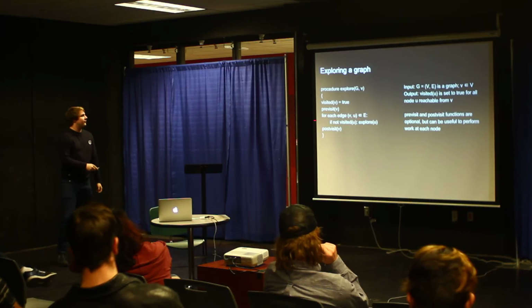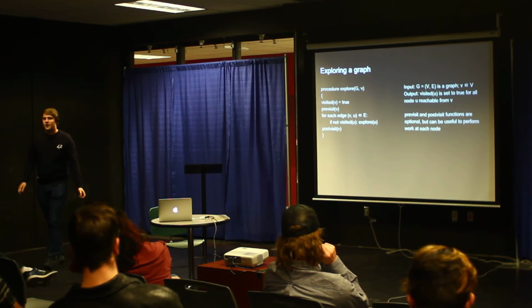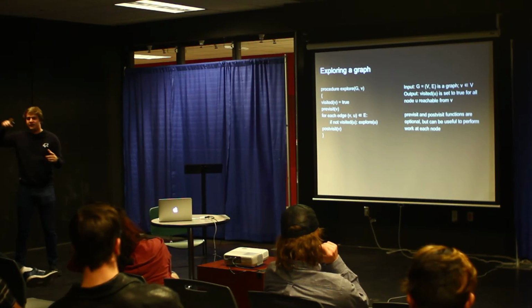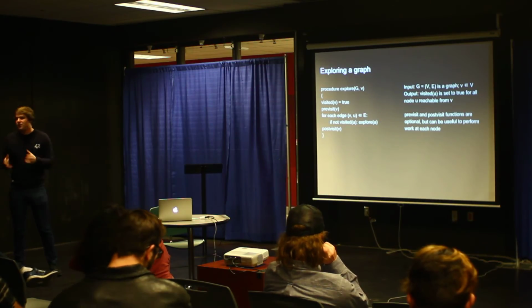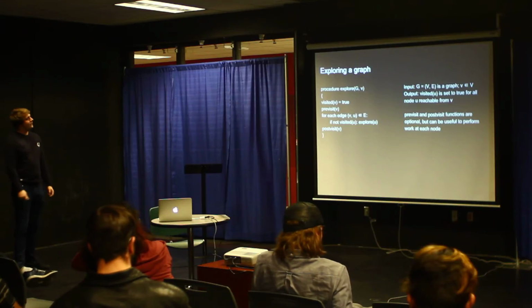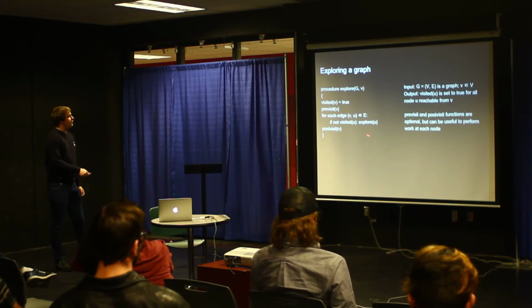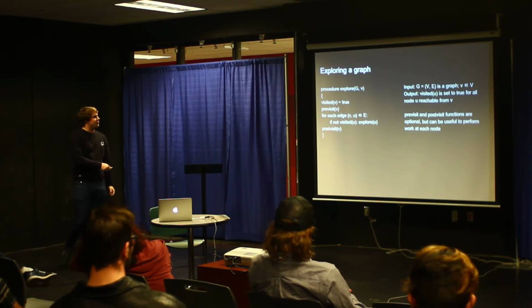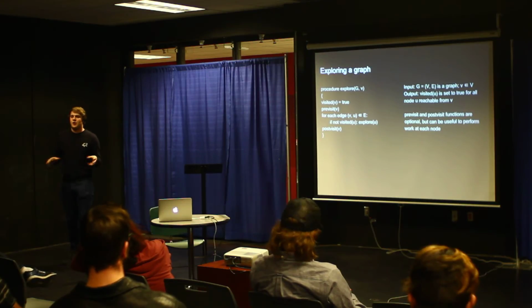So walking through, first, given some vertex, we want to set that as visited to true, so that if we find it again in some loop, we've already been there, so we don't have to check it again. And then we're going to define two functions, pre-visit and post-visit. We're not going to define them yet.